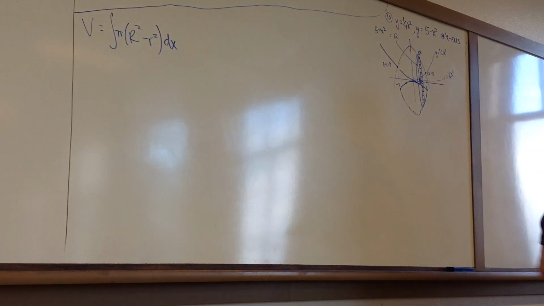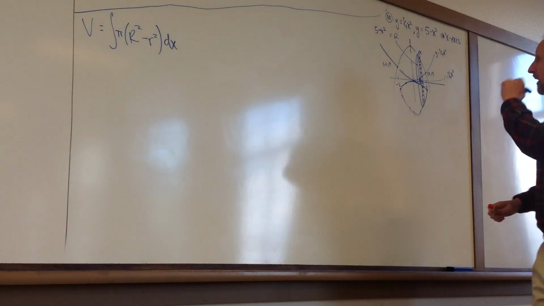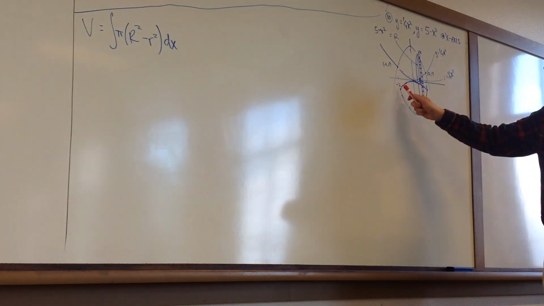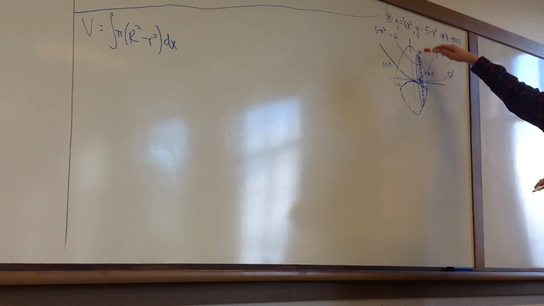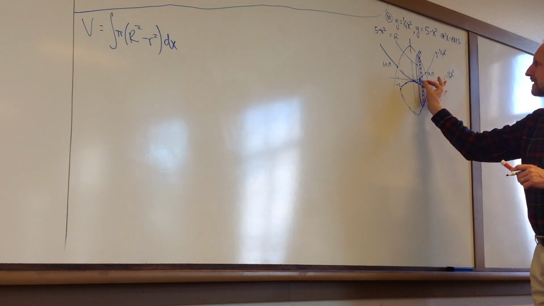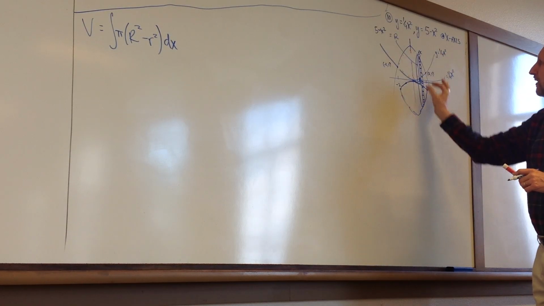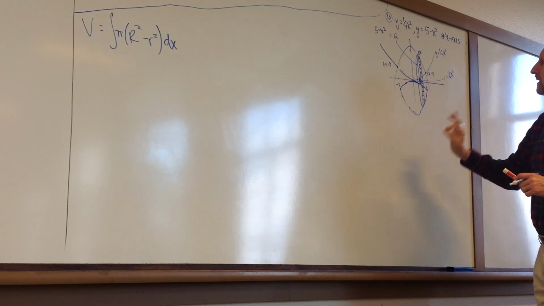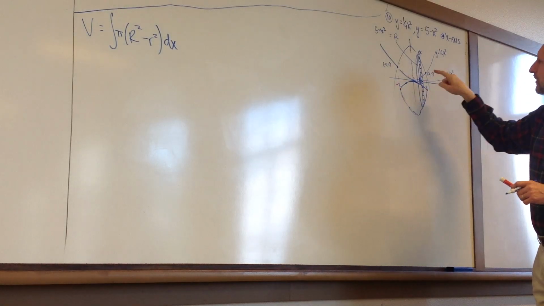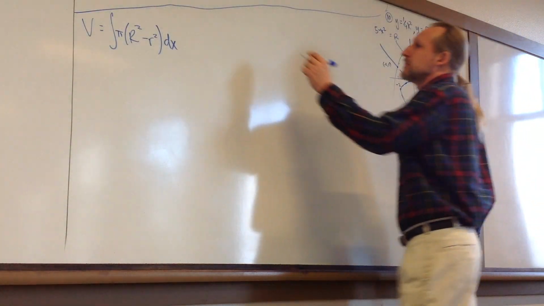Okay, so now let's set up our integral for this. We've got our limits of integration. We're integrating with respect to x because our thickness is a dx, delta x, a thickness along the x-axis. And so our limits of integration are going to go from -2 up to +2.